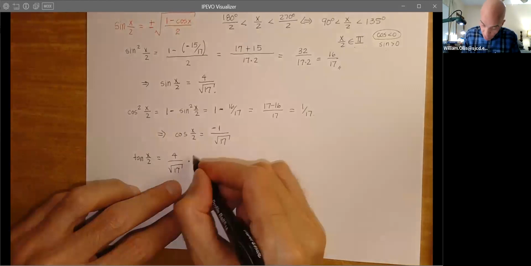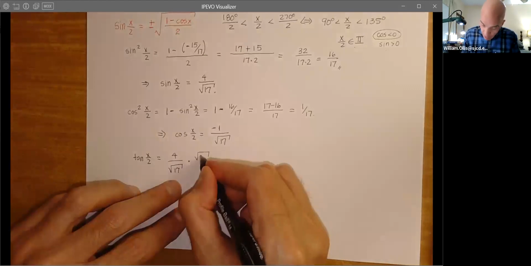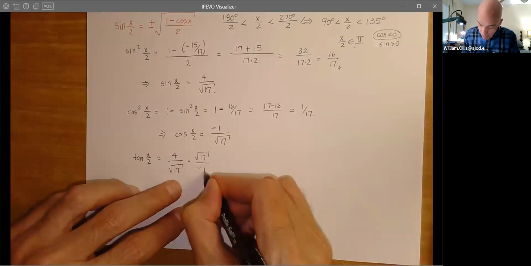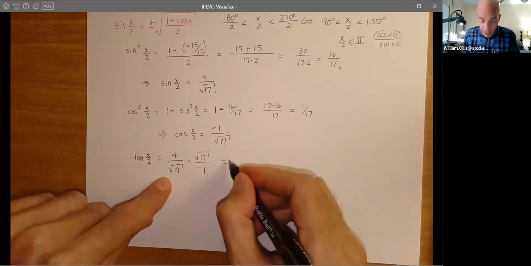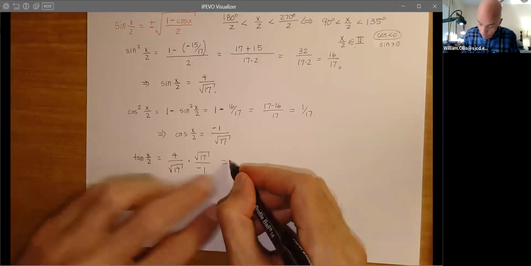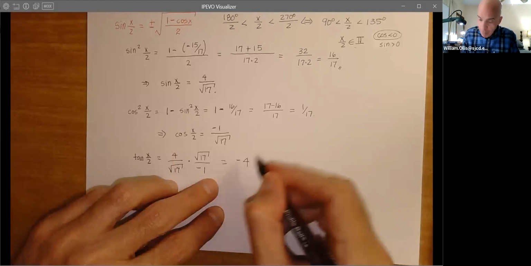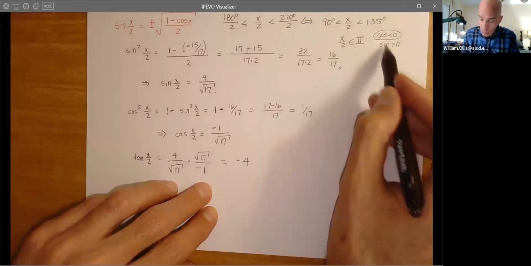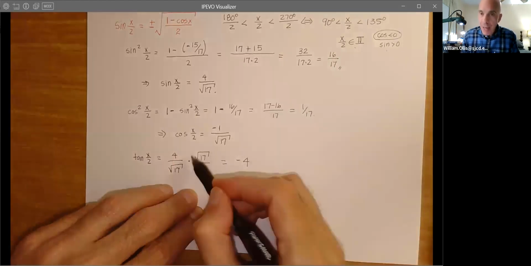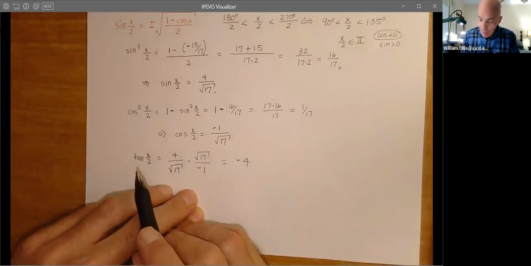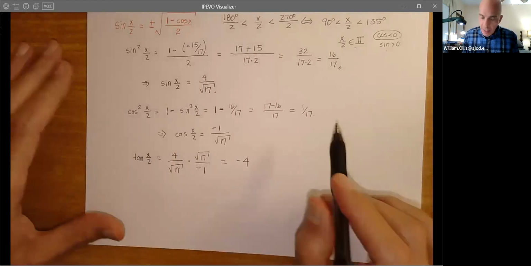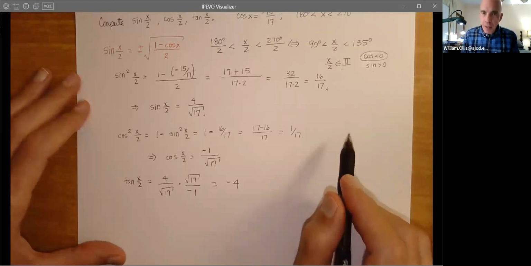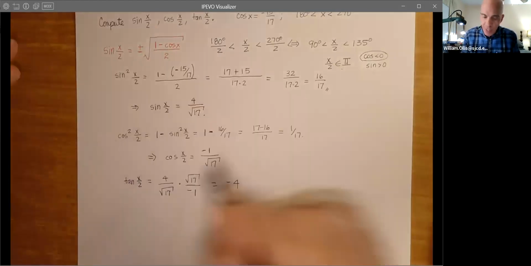So this will be the square root of 17 over -1. And the 17 radicals absorb, and we just get -4. Of course, that makes sense here because the cosine's negative and the sine is positive, but we get that automatically. We don't have to select it. So now what we can see is that nothing about this problem is new except that.